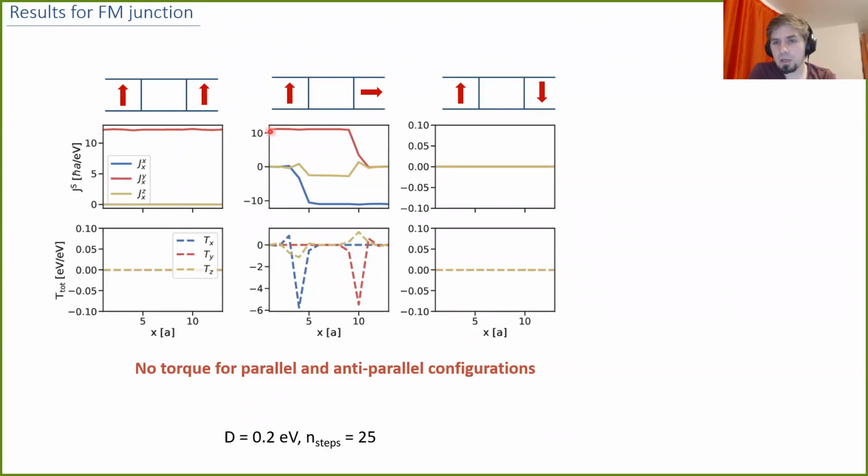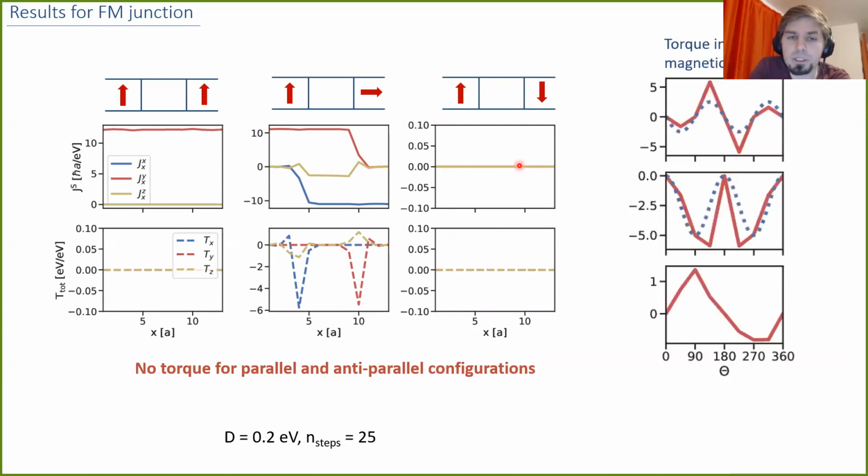In the perpendicular, now there will be a torque, so we have an incoming y-polarized spin current, which gets very quickly absorbed, but then we will have an x-polarized spin current coming from the right magnetic layer, which will also be carried by the reflected electrons back into the left layer, and so we have torques in both that are equal in magnitude, but in different directions. And then in the antiparallel, we have again no torque. So this is well known.